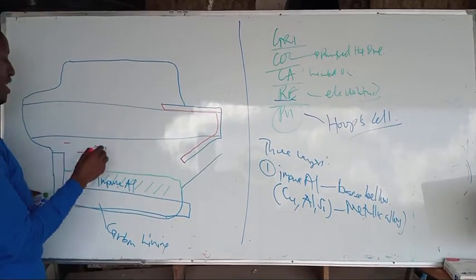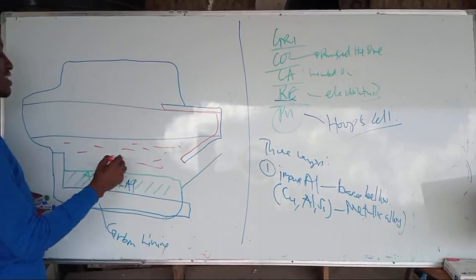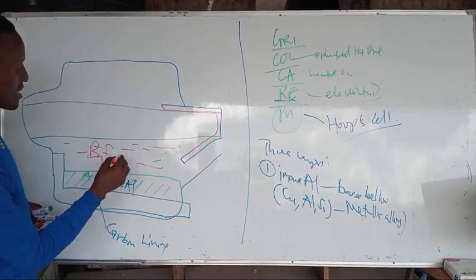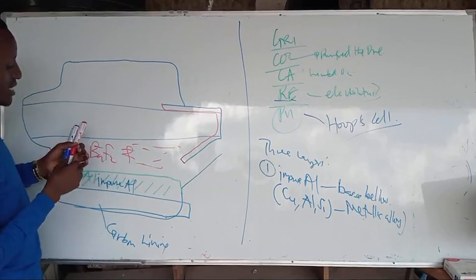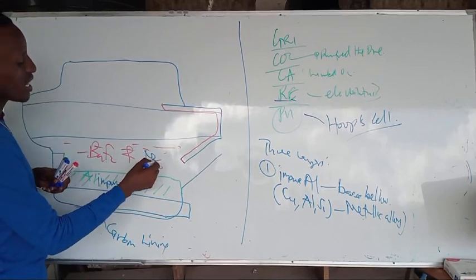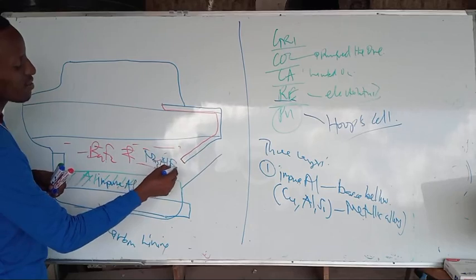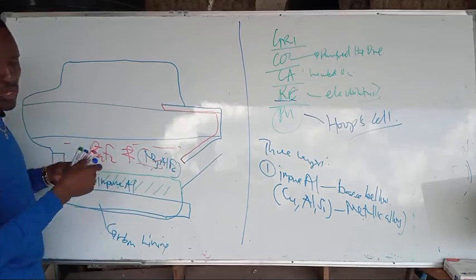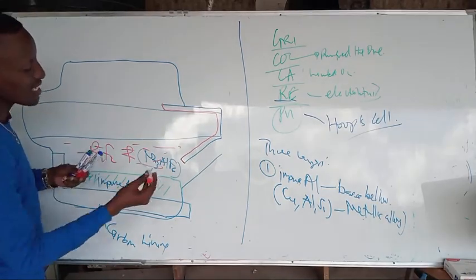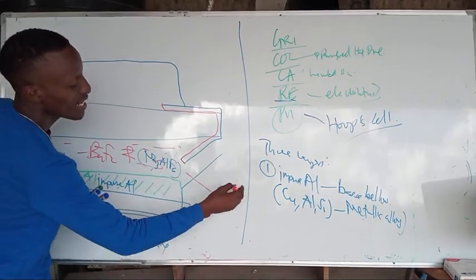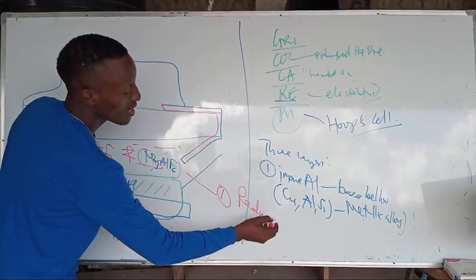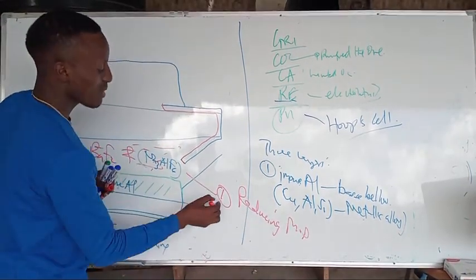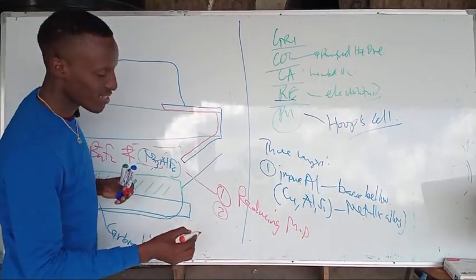So here we have reagents like barium fluoride and cryolite. What's cryolite? Sodium aluminium fluoride. What's the reason for this? 2 reasons I told you. The first reason, number 1, reducing the melting point. The second is increasing the conductivity.